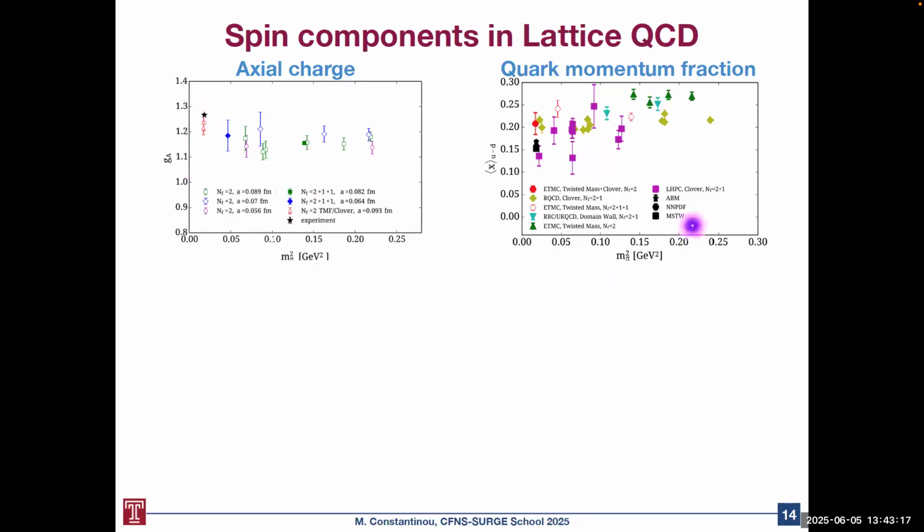Other quantities: what is the momentum fraction carried by the quarks and the gluons. Again, modern calculations sit at the physical point, and this is a more difficult quantity to extract experimentally. It takes input from theory and different models. So you have black points that do not necessarily agree with each other because they depend on models.